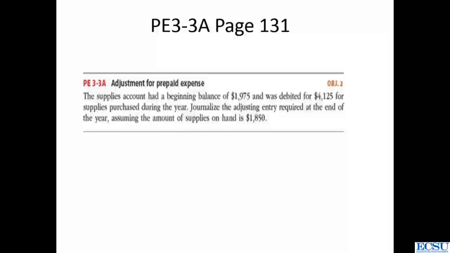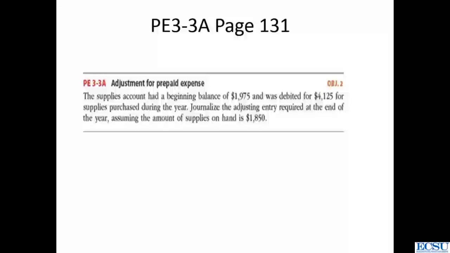Supposing your supplies account had a beginning balance of $1,975 and was debited for $4,125 for purchases made during the year. Journalize the adjusting entry required at the end of the year, assuming the amount of supplies on hand was $1,850. What you need to understand is that $1,975 worth of supplies was there in the beginning. I purchased $4,125.